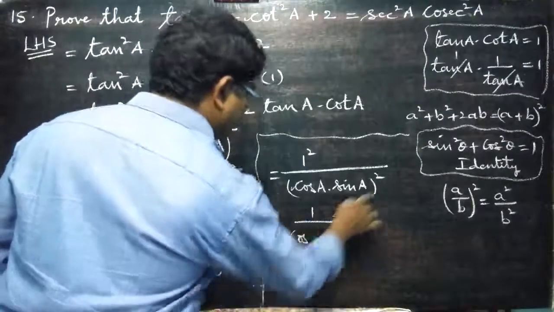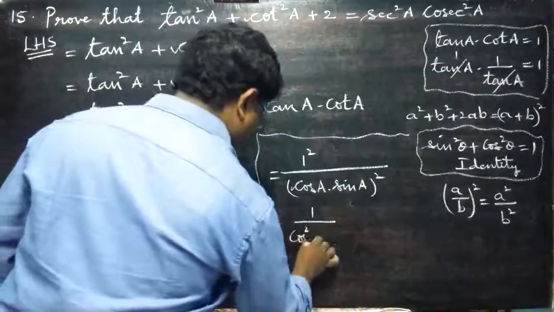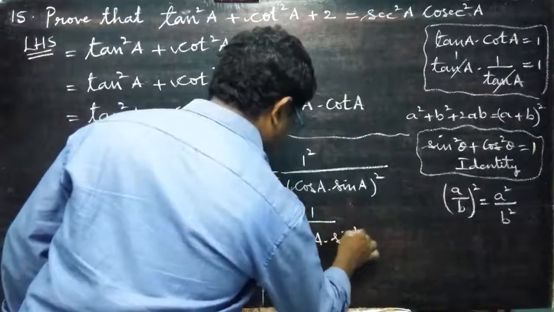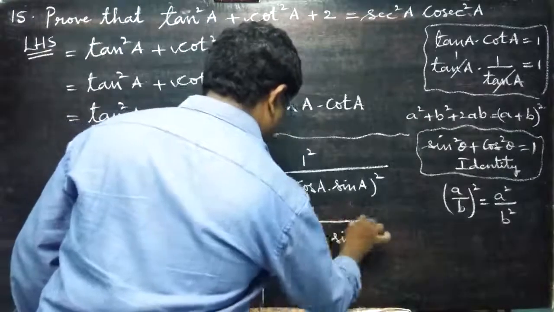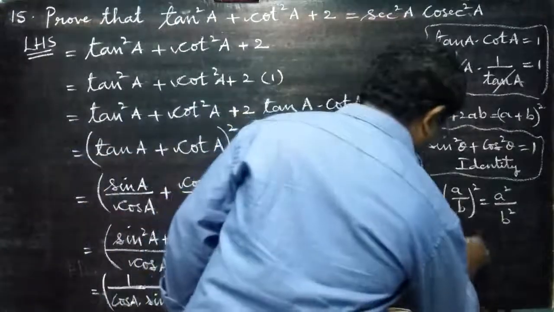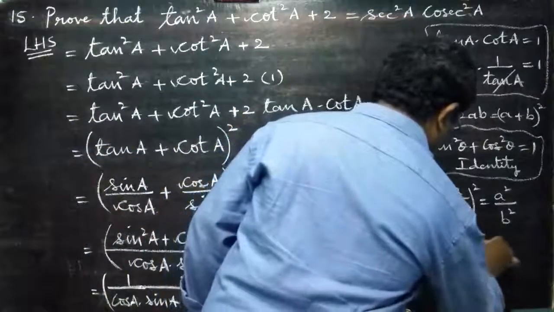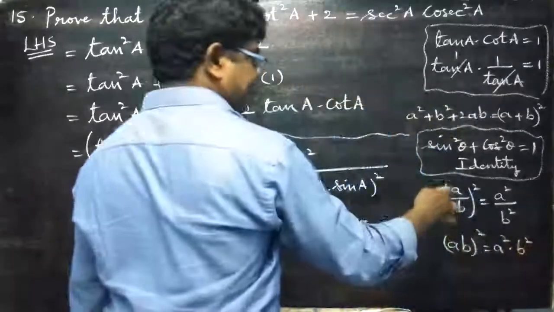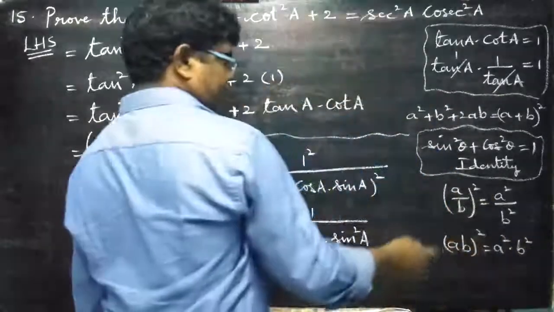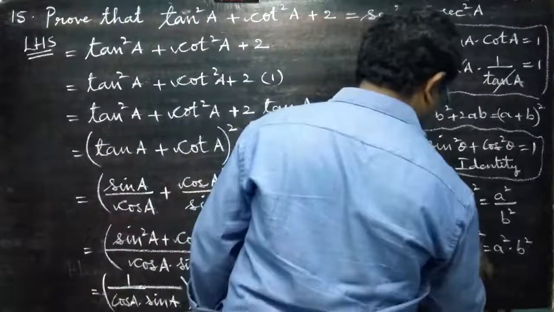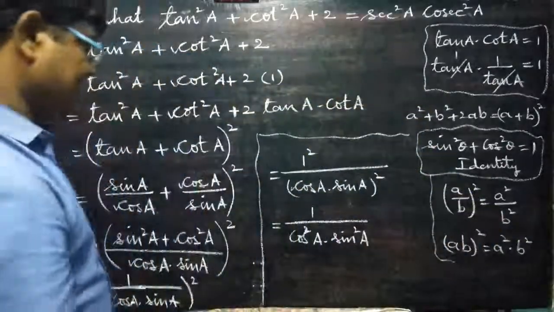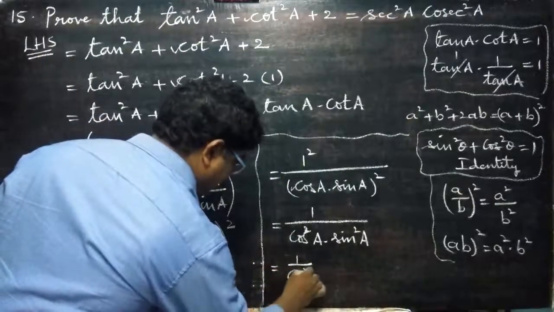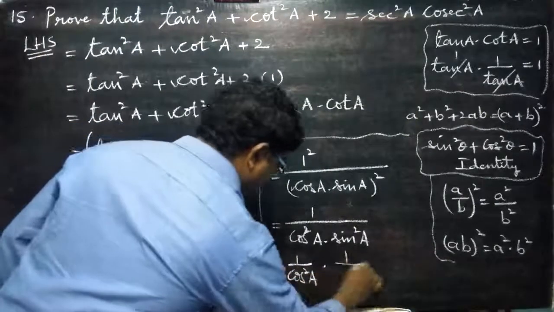Cos square, give square to both: cos square A into sin square A. This is also a formula in laws of indices: AB whole square is equal to A square into B square. Now separate it: 1 by cos square A into 1 by sin square A.